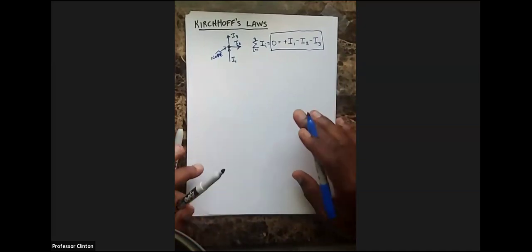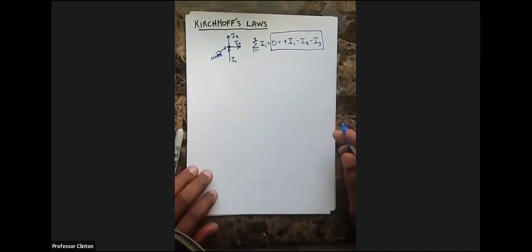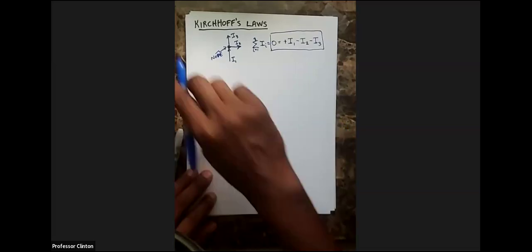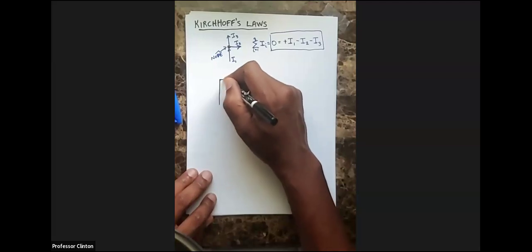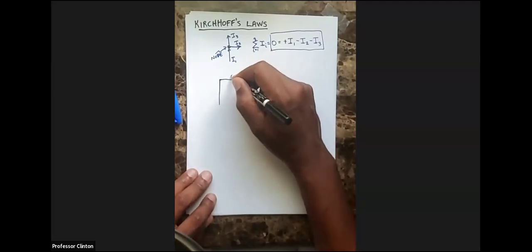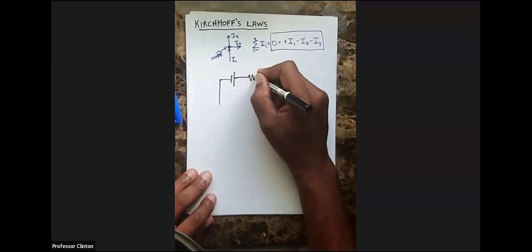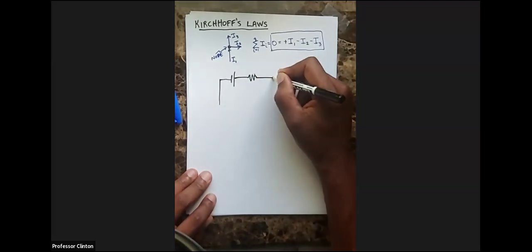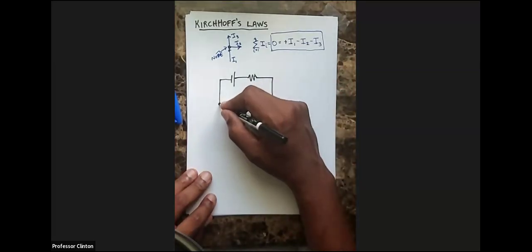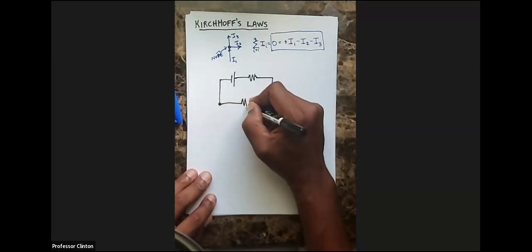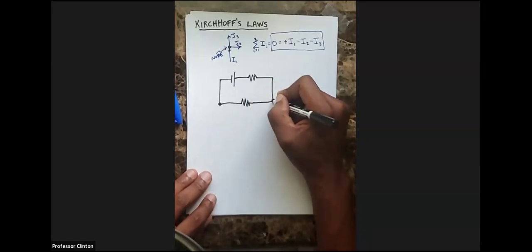So let's just look at a schematic of a circuit here. Let's build this circuit where we have a battery and a resistor. Here we'll see a node that attaches to this resistor.